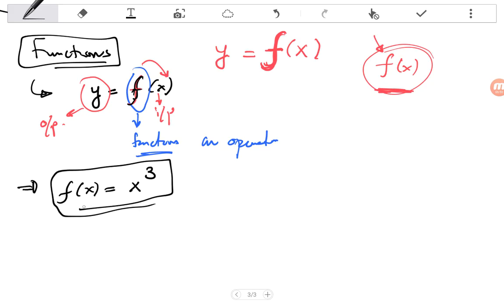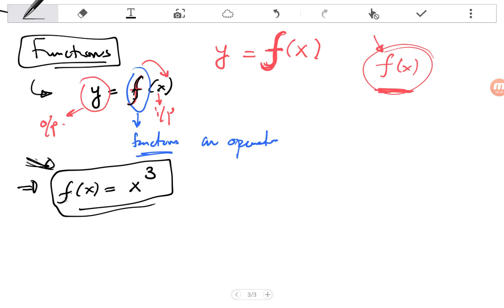What do I mean by that expression? When I say f of x is equal to x cubed, what do I specify here? I specify how the function operates on a given input. So f operates on some input x in this way. It takes that input and cubes it.